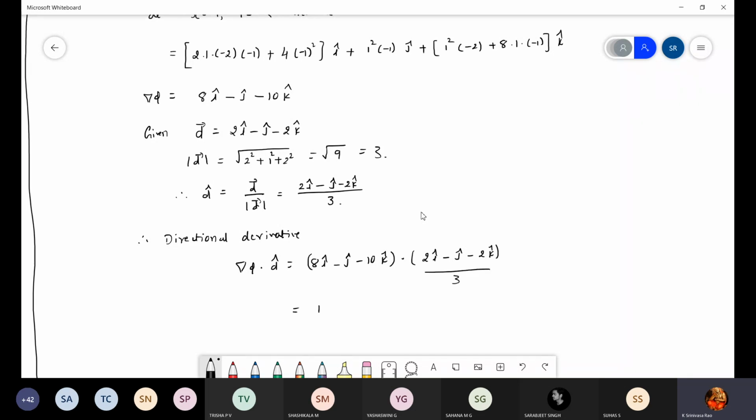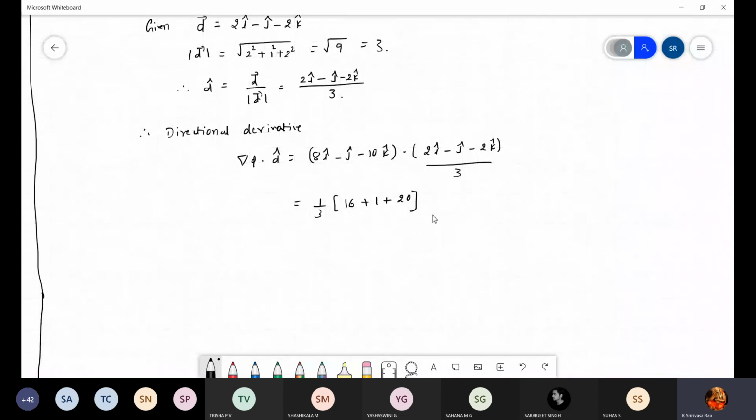Take 1 by 3 outside and simplify. 8 times 2 is 16, minus 1 times minus 1 is plus 1, minus 10 times minus 2 is 20. Multiply the coefficients of i, j and k respectively. The final answer is 37 by 3. This is the directional derivative.